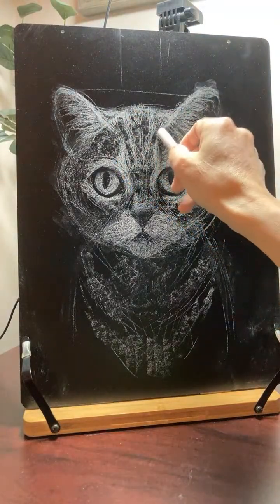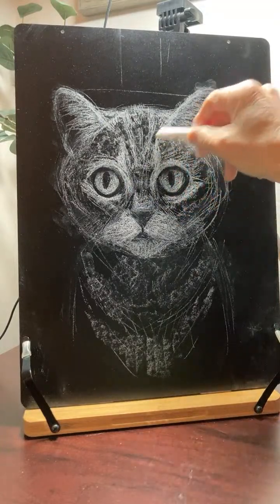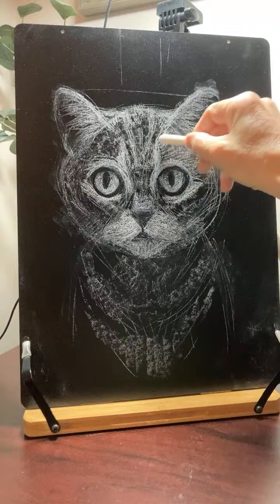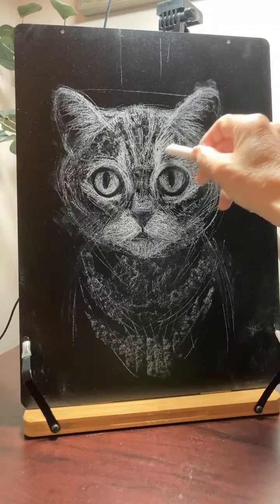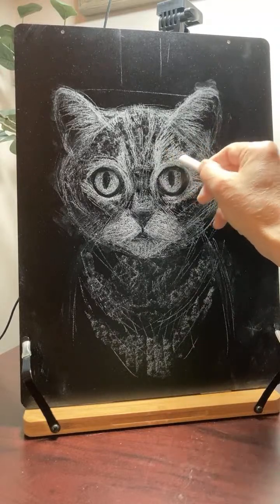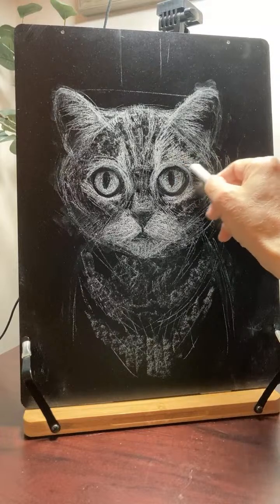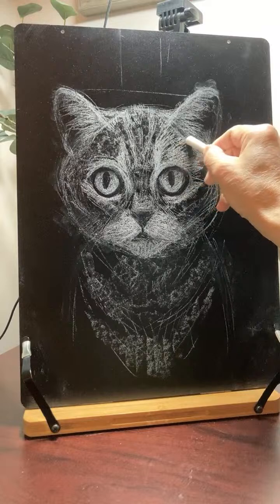So we move to this part. Okay, so this is the right-hand side of her forehead. Okay, and this is the ear, this is the eye bone here, the side of the hair.